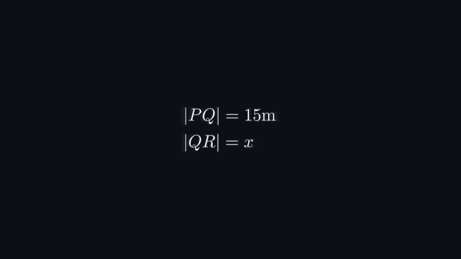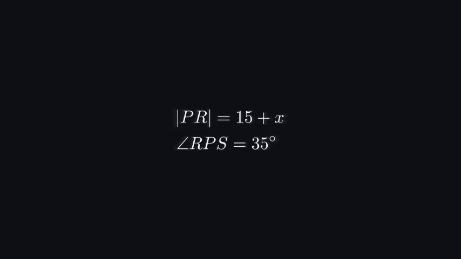Length of QR equals X. Length of PR equals 15 plus X. Angle RPS equals 35 degrees.